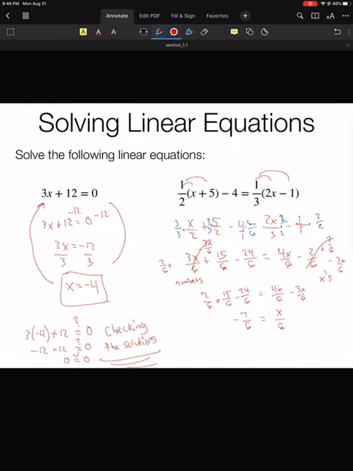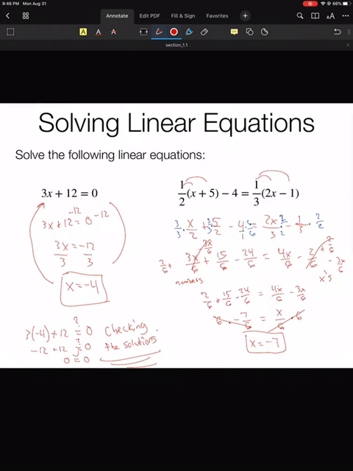Okay, negative 7/6 is equal to x over 6. So what I need to do is get rid of that 6. So I'm going to multiply both sides by 6, and these 6's cancel out, and also these cancel out as well, and so I'm left with x equaling negative 7. Okay, you notice that I flipped the x over to the left side. I can do that because it doesn't change the value. So I have x equaling negative 7.